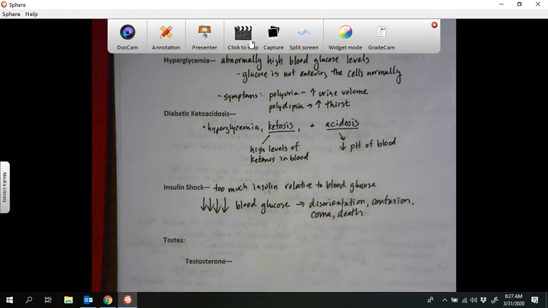You can start getting very warm, you start sweating, you're clammy. It's not a very fun situation at all. So those are some of the different things that can happen with changes in insulin levels.